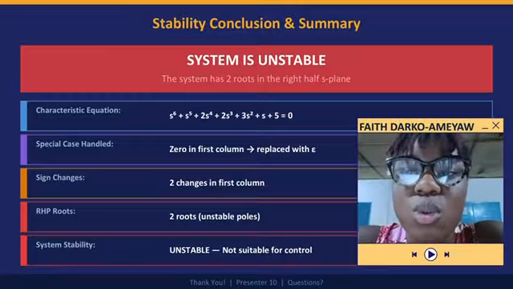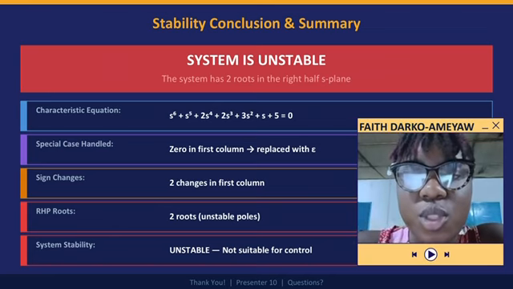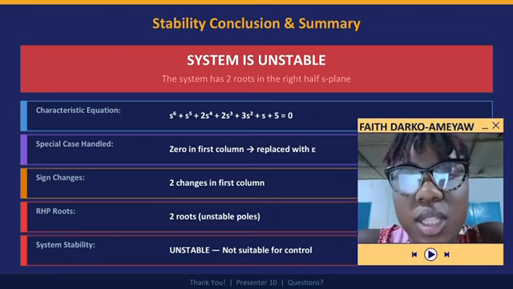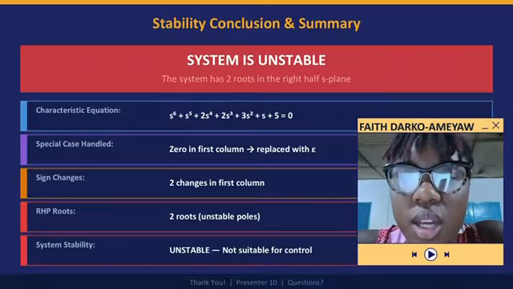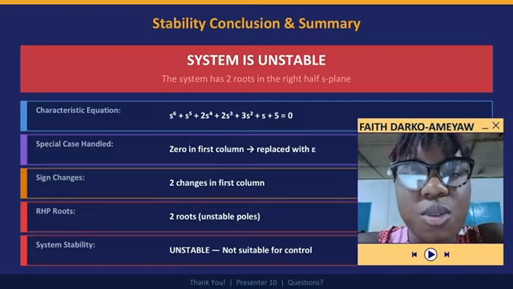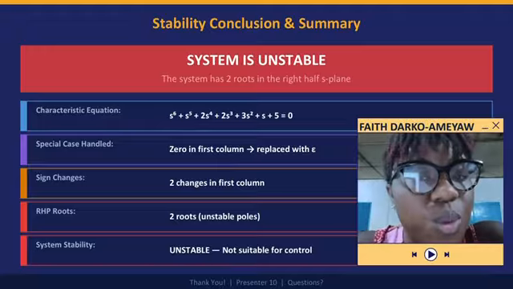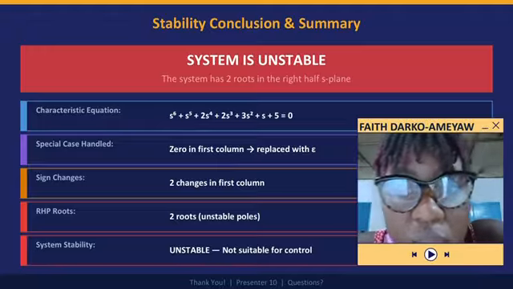So, in summary of what we've accomplished today, firstly, we applied the Routh-Hurwitz stability criterion to a 6th order characteristic equation. Secondly, we encountered and properly handled a special case, which is a 0 appearing in the first column, which we replaced with a very small number epsilon.